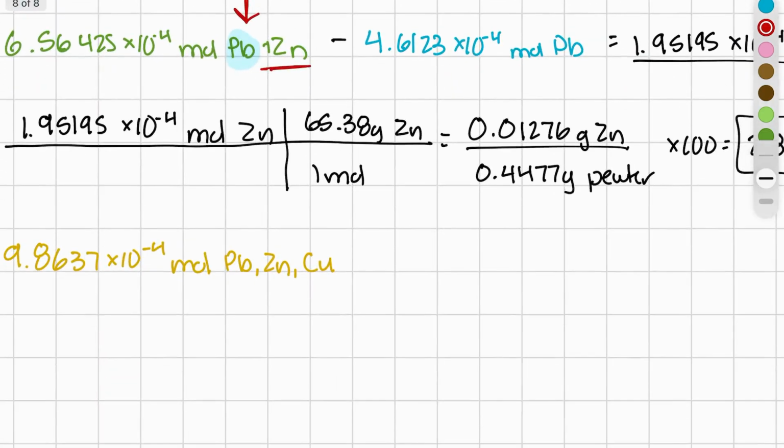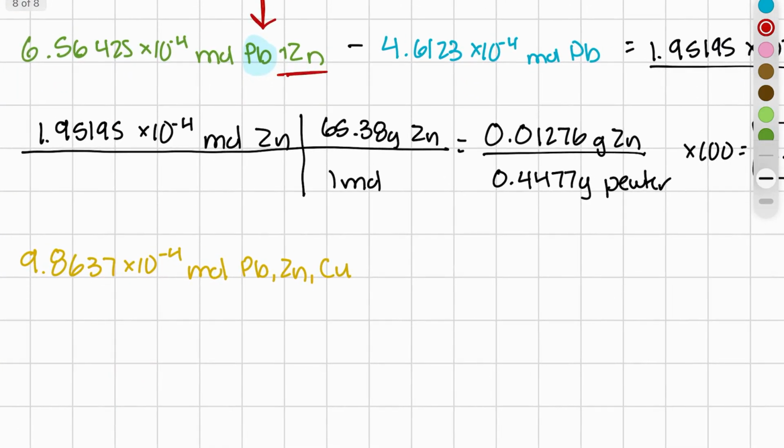But to make our lives just a little bit easier, if we know that we're looking for copper, if we know that lead and zinc is this value, we can just go ahead and plug it in here. If we subtract the moles we have for lead and zinc from aliquot 2, then it's going to leave us with the moles of copper from aliquot 1.